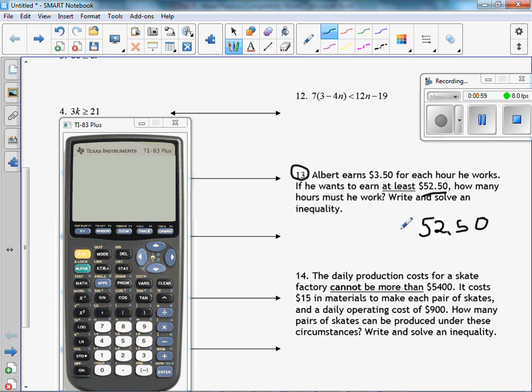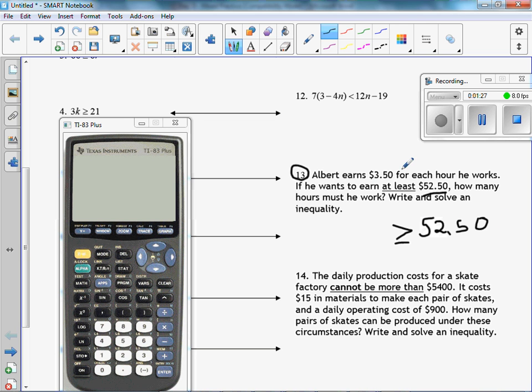The way I know which way to turn the inequality sign is I want it pointed to the smaller number. So this is what he makes. This has to be more than or equal to $52.50. Whatever is on this side of the inequality has to be more than or equal to $52.50.